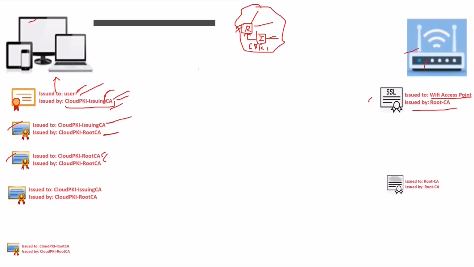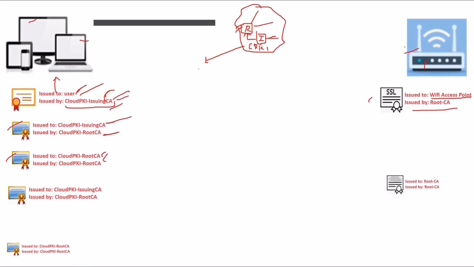Now, the difference that I want to point out over here is that Cloud PKI is issuing certificates only to the devices which are enrolled to Intune, which in this case is this end device.